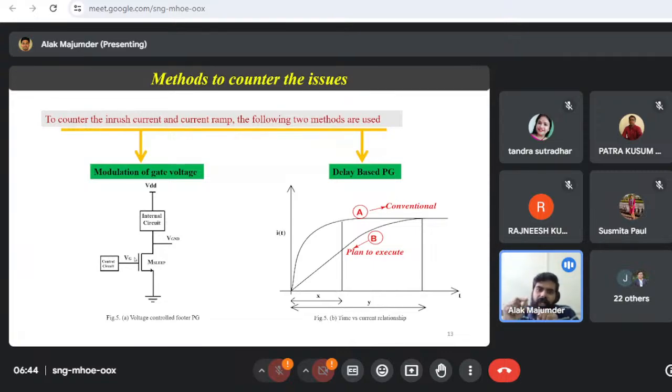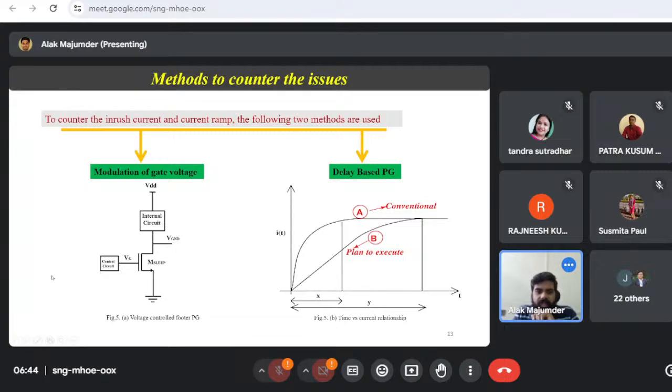So what will happen? The instantaneous jump of voltage is not large. So there is a possibility that the ramp of current, or DIDT, can be reduced. The second option is delay based. What is this delay based?